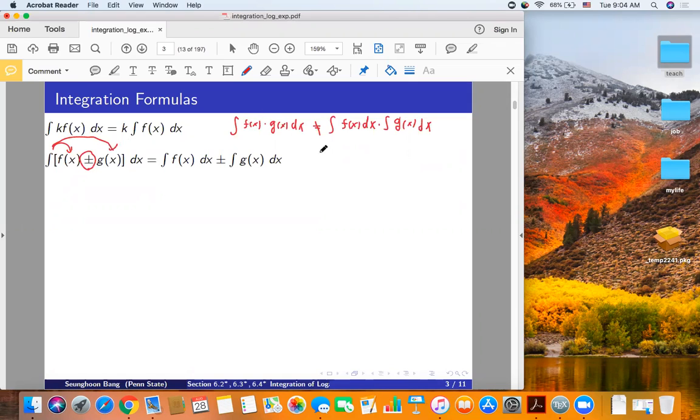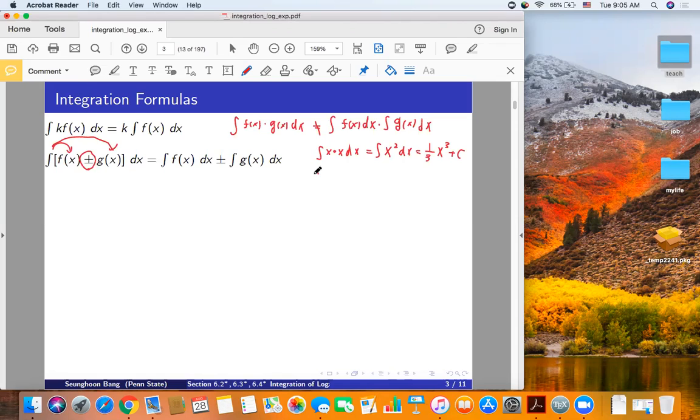I'm going to give one example. The integral of x times x dx is the same as the integral of x squared dx. The answer is 1/3 x cubed plus c.